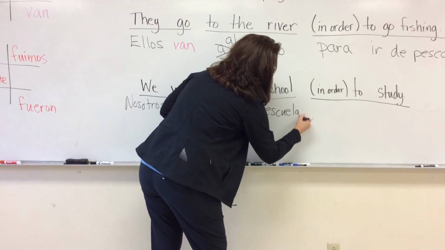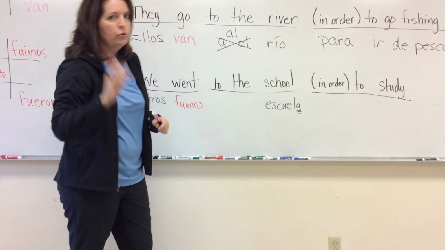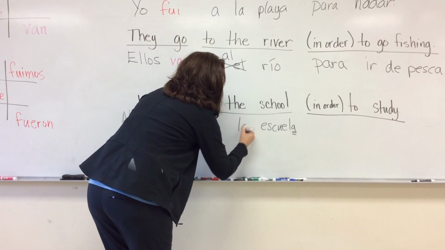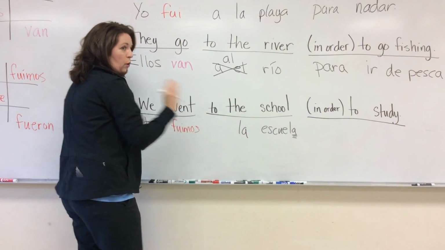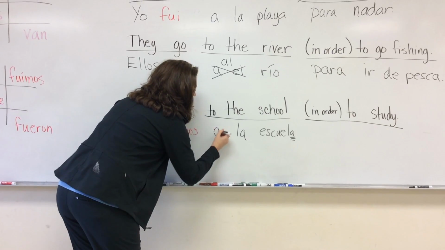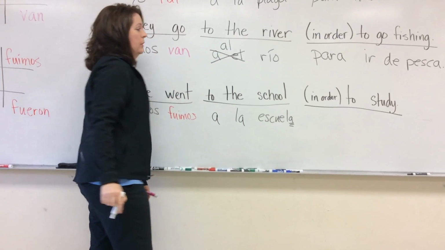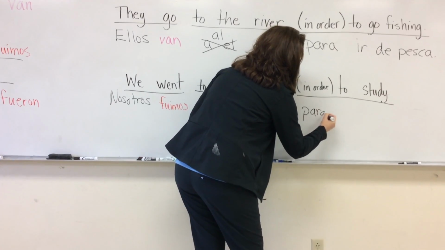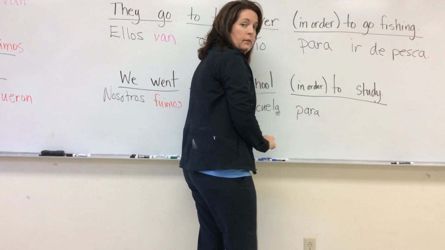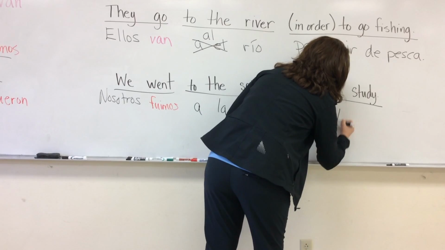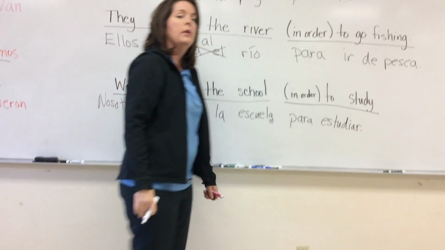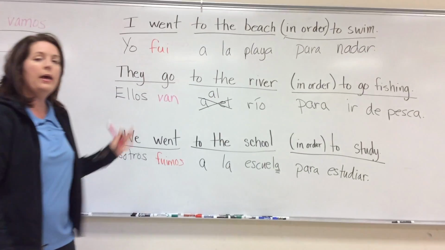Just to review, for those who aren't still sure on how to choose these, a, so let's put la. To, like you're going to someplace. A la escuela. Okay? Para. To study. Estudiar. There you go. That's how you put it all together.